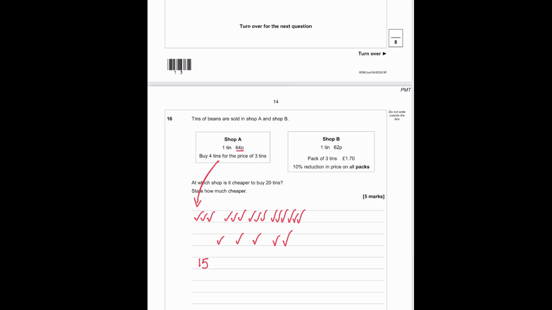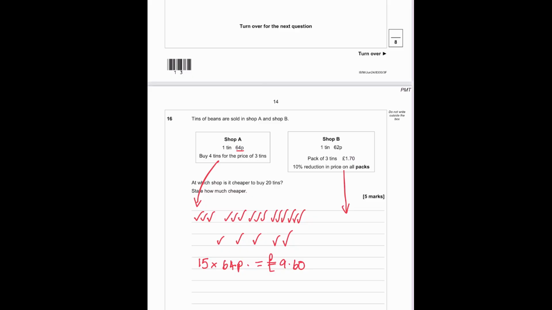So it's going to be 15 times 64 pence, which equals £9.60.